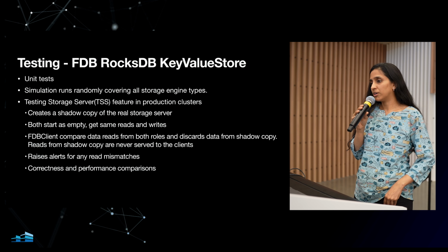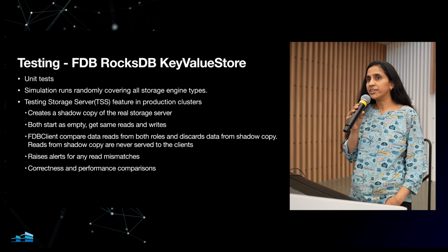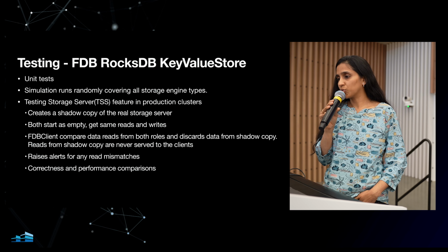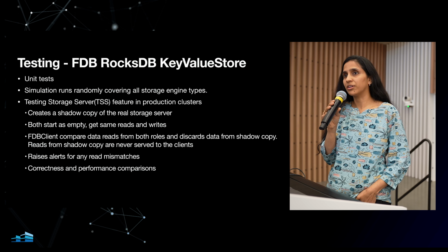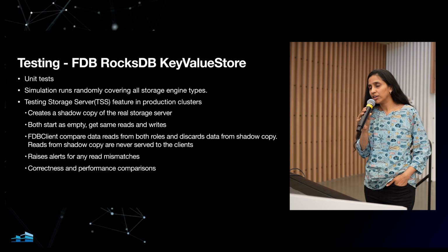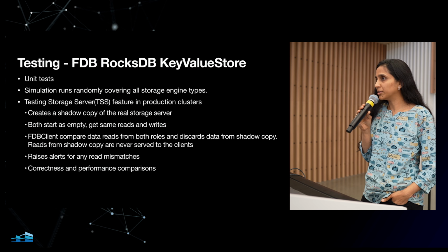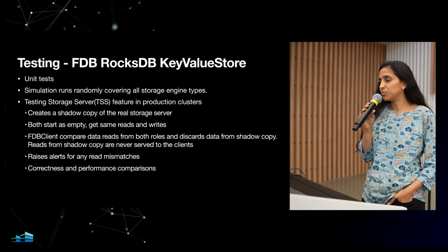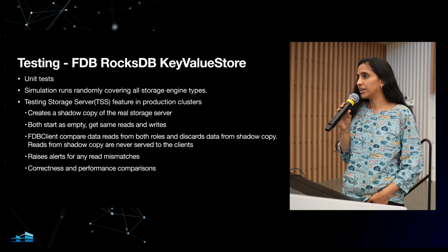And apart from this, we also used an interesting feature called the testing storage server. This helps you to test your storage engine in production clusters with real workloads. Basically, it creates a shadow copy of the real storage server. Both start as empty. They get the same set of reads and the same set of writes.